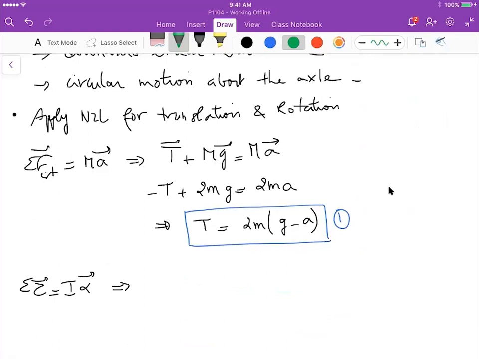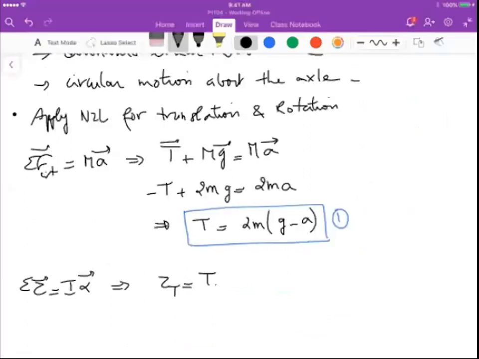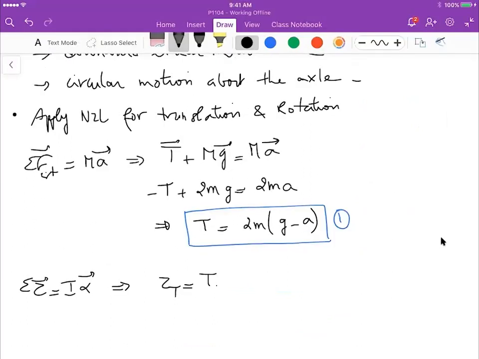So we can write the torque of T is given by T multiplied by the radius, and the radius in this case is small r, which they called b, so I'll just call it b. T times b is equal to I times alpha. So I is the moment of inertia of the yo-yo with respect to its center of mass, multiplied by alpha.